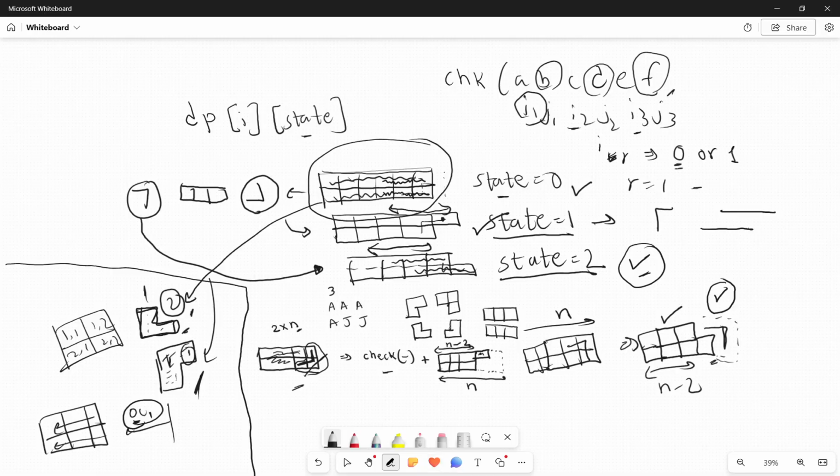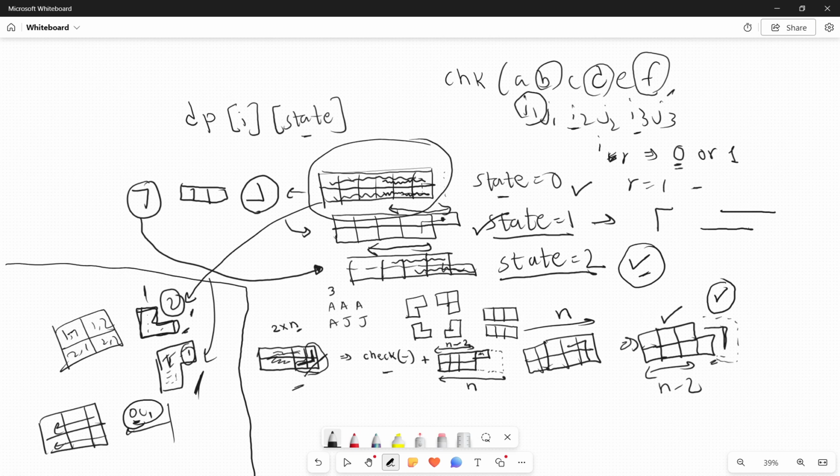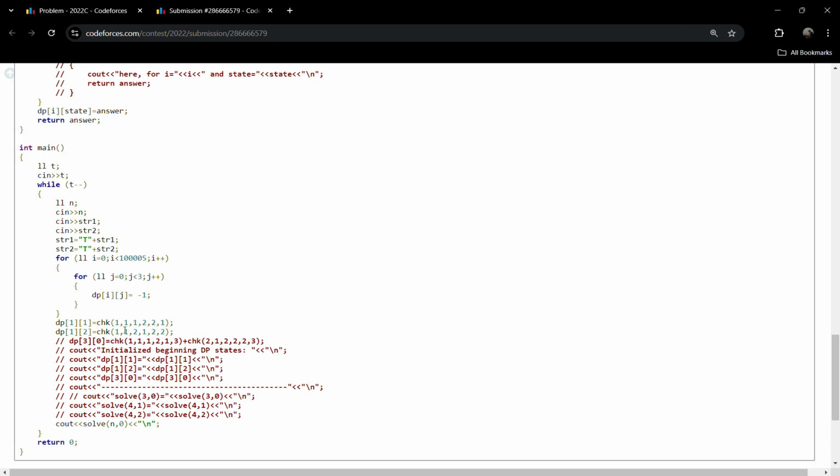So it is 1 comma 1, 1 comma 2, and 2 comma 1, like this. Okay, so that is the base case for our state 1. Similarly for state 2, I am initializing, and these are some debugging steps that I did, and then calling solve of n comma 0.